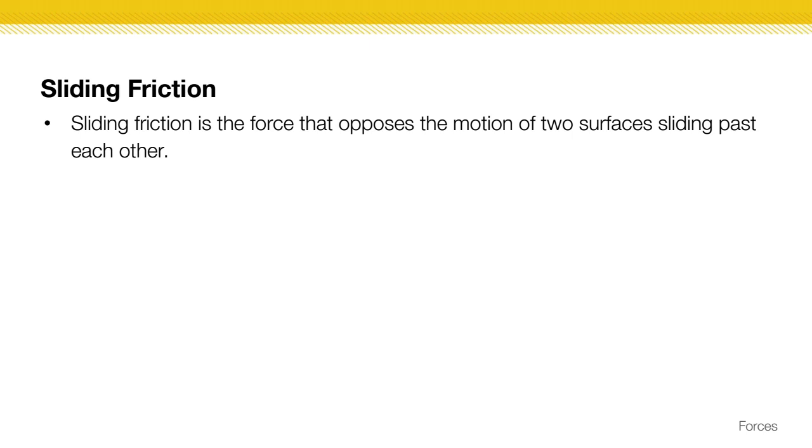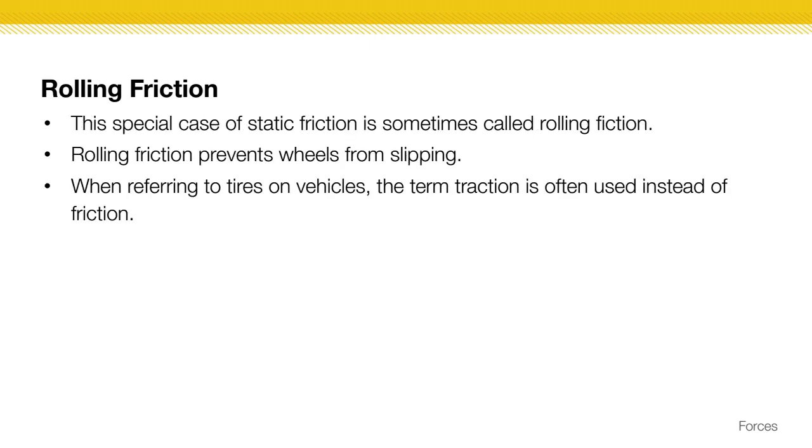Sliding friction is the force that moves against two things that are sliding past each other. So if you have something sliding across your floor, the force that's going to stop it from moving eventually is that sliding friction. And then you have rolling friction.